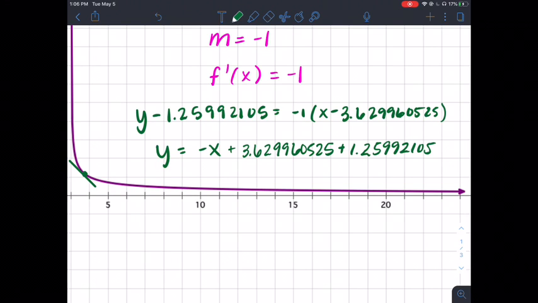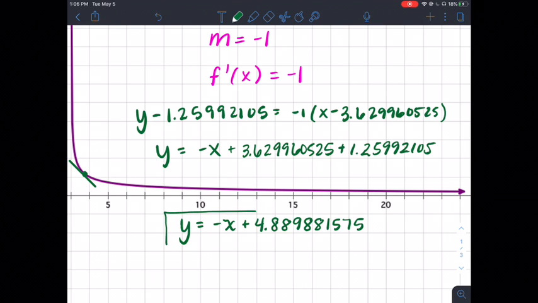And so adding that together, we have my line is y equals -x plus 4.88988 in my slope-intercept form.